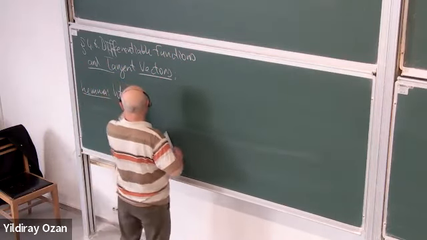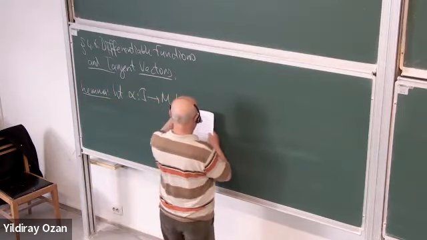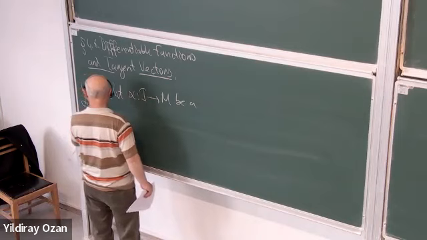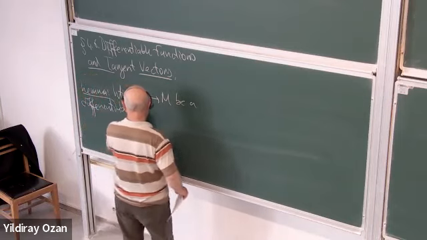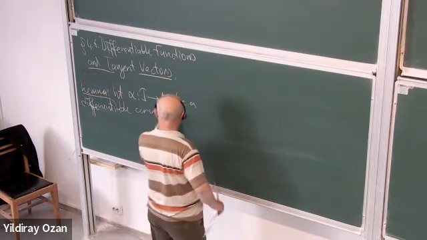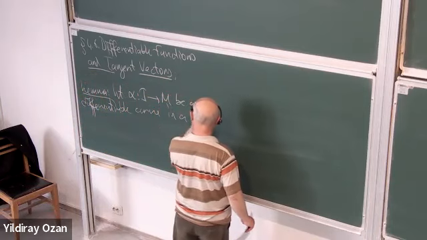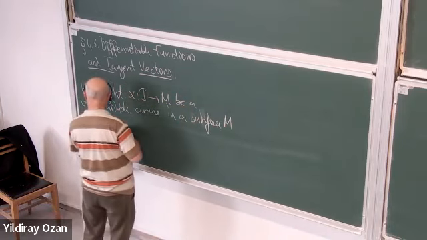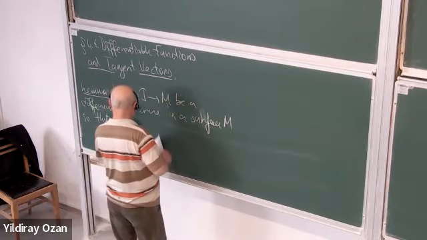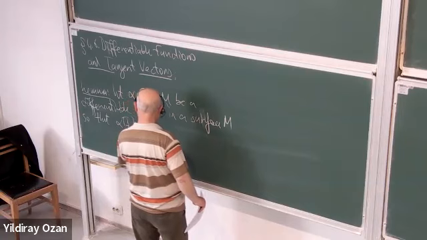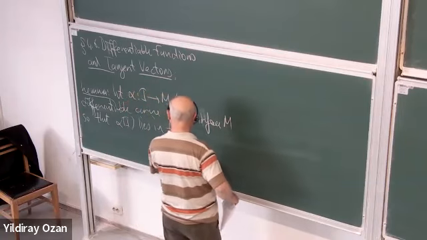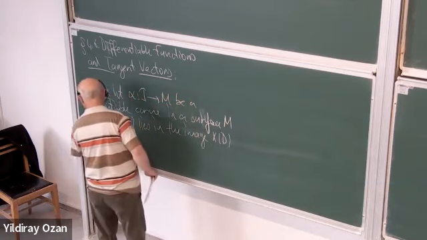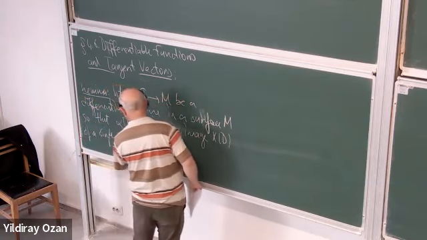Now let alpha be a differentiable curve in a surface M, so that its image lies in the image x of D of a single surface patch.